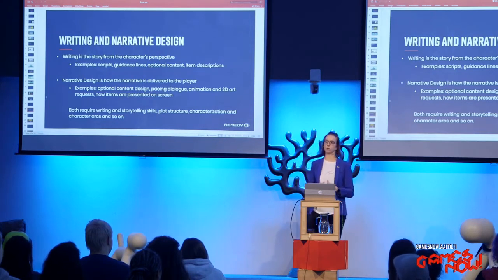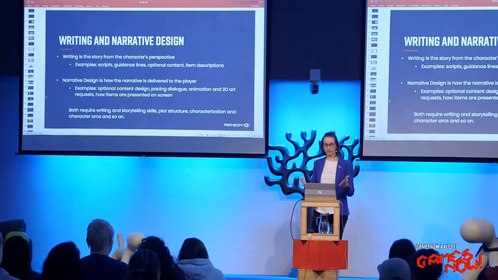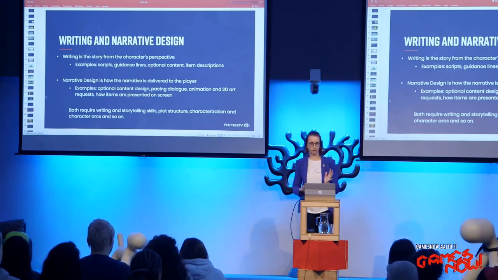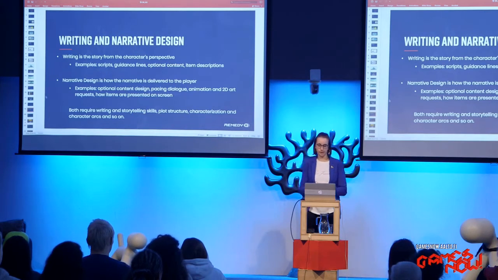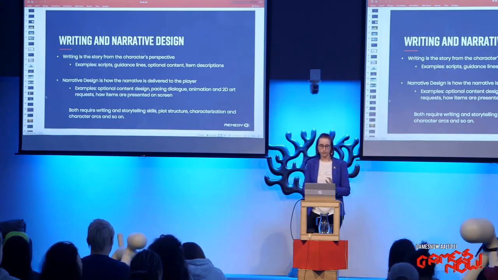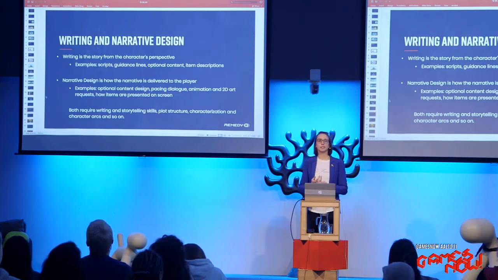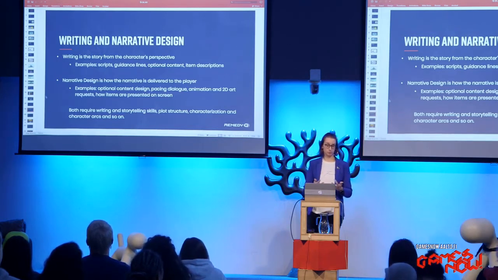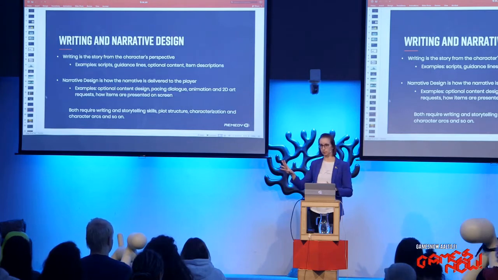So I might go to the UI designer and say, how much room do we have? How much text can we have on a page, and what does that look like, and how do we line it up? We also have pacing of the dialogue, or documenting any unique animations that we might need for a side mission, something that I did on Control, or thinking about what 2D art we need in the room. If we need a specific painting in the room for the story, I might follow that up.